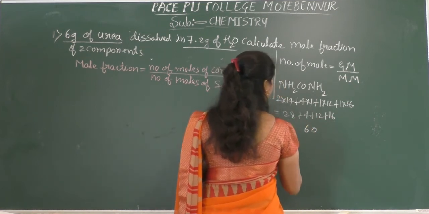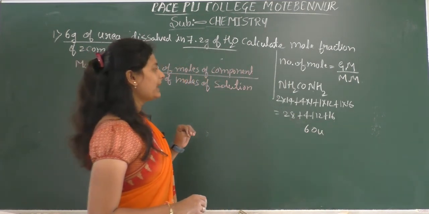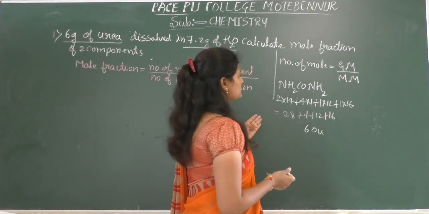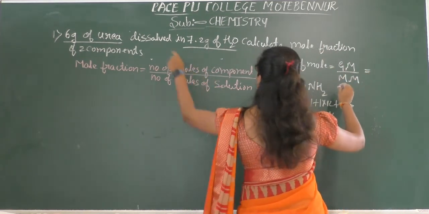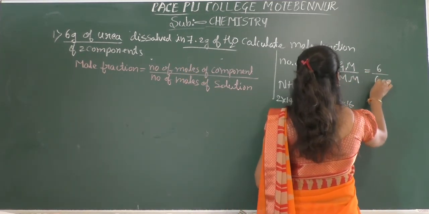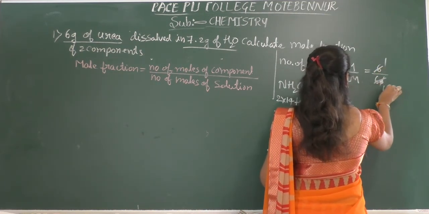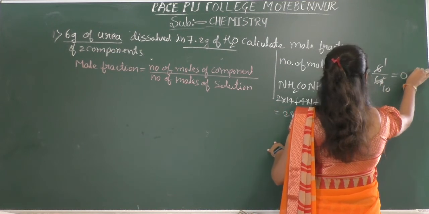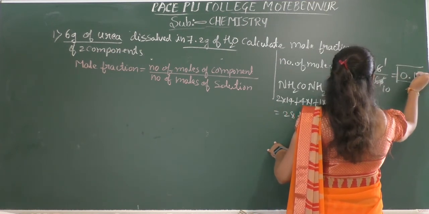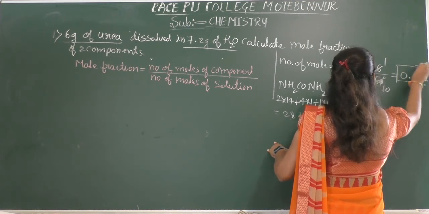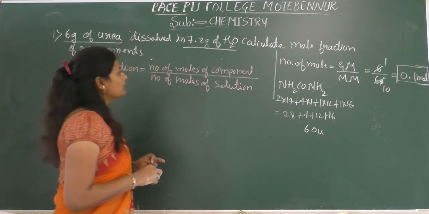So 60 is the molecular mass of urea, then molar mass is 60. So here the molar mass is 60 and the given mass is 6. So 6 by 60, that is 6 ones are 6, 6 tens are 60, it will become 0.1. This is 0.1 mole. This is the amount of urea which is present in the given solution.